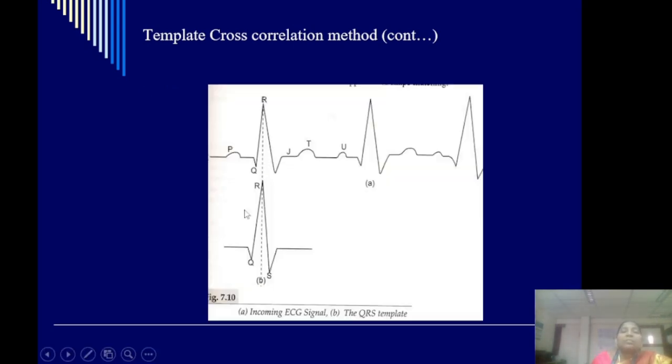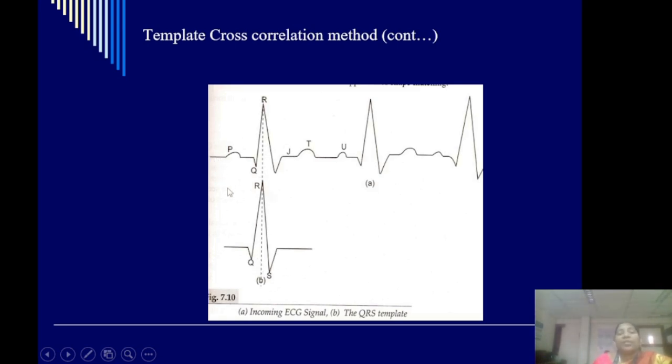Now, in the figure, the first signal represents the ECG signal and the second one represents the QRS template. This QRS template is placed initially over the baseline, then over the P wave, then over the QRS complex, and moved across the entire signal. When you keep the template over the baseline and calculate the correlation coefficient, the amplitude of the baseline is 0 and the QRS amplitude is different.